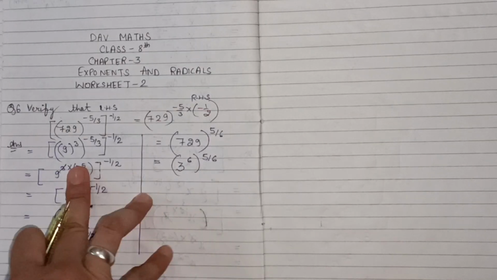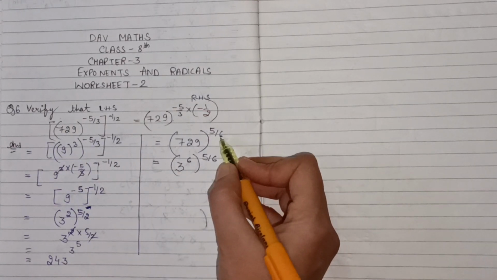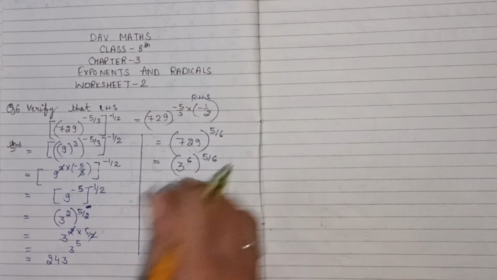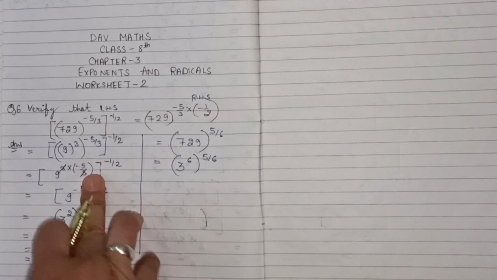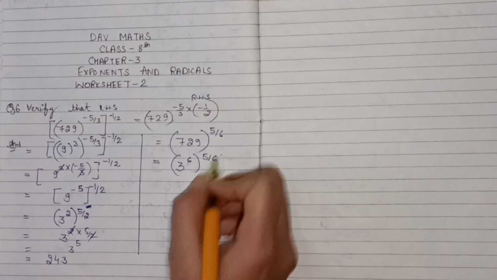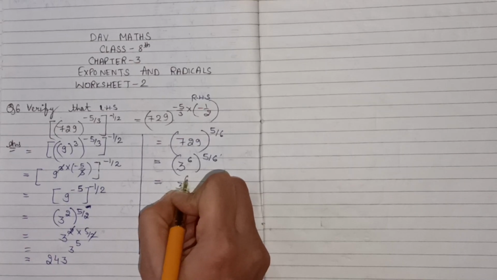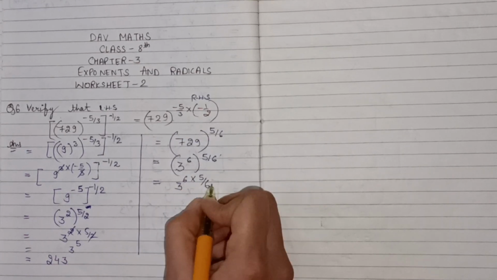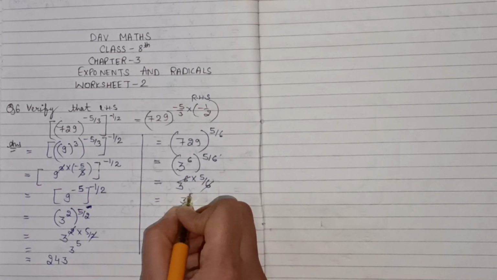We can also write 9, but we can't because here the denominator is 6. We can cut this denominator by this power, so I choose another number except 9. This is equal to 3 raised to power 6 multiplied by 5/6. This 6 cuts this 6, which is equal to 3 raised to power 5.